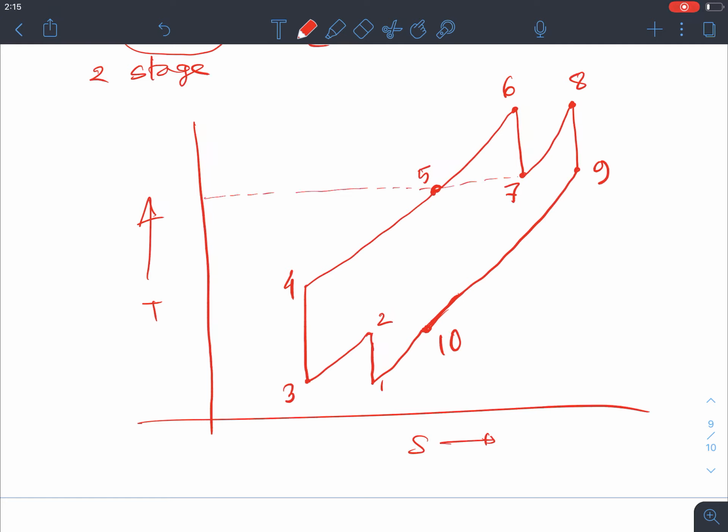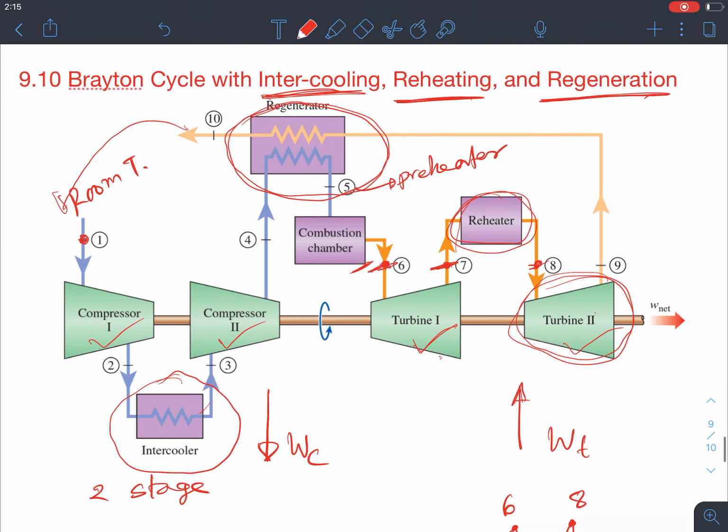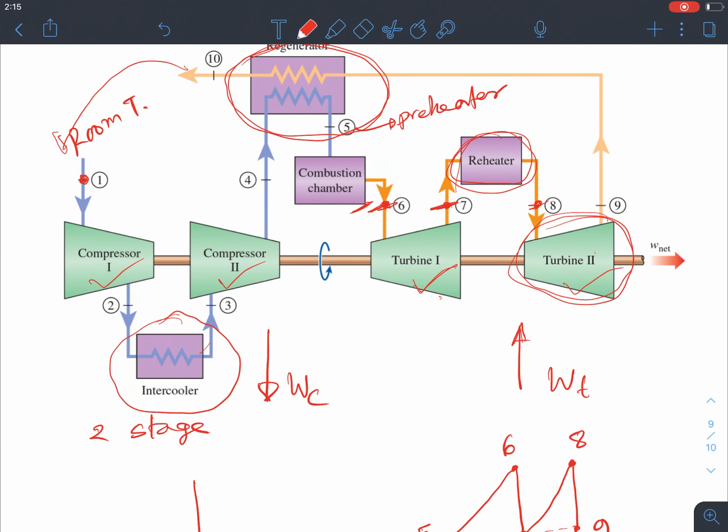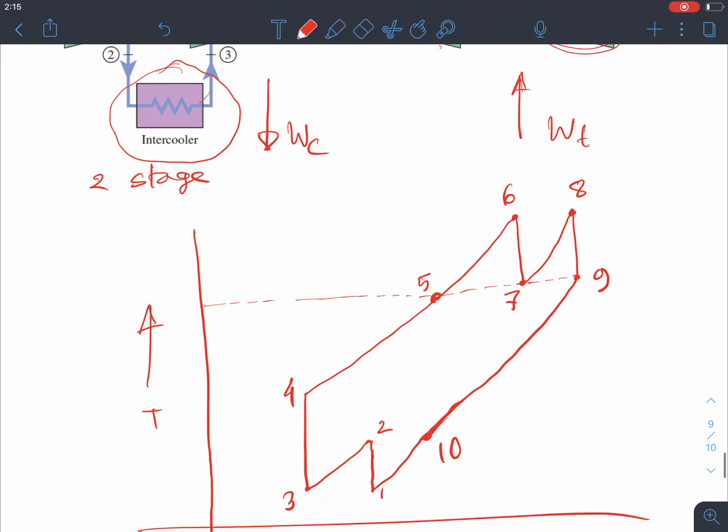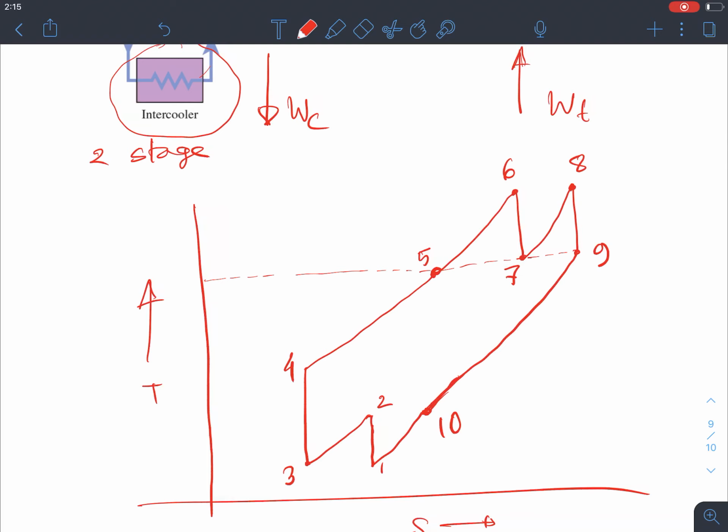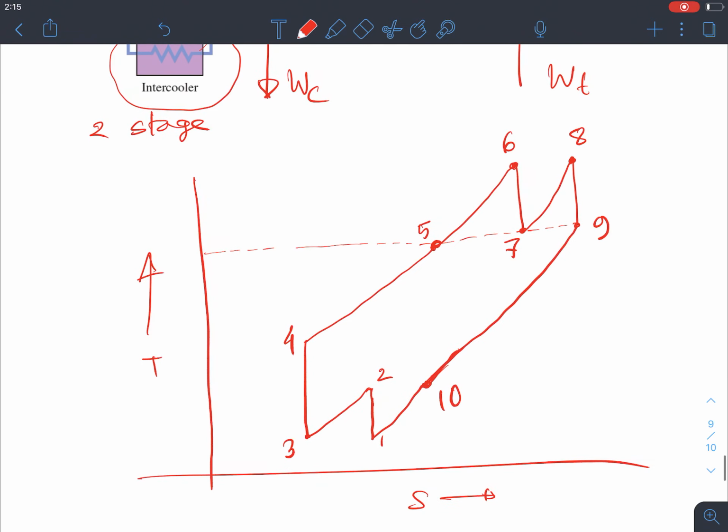Some of the interesting things here would be that we can see that the temperatures at 5, 7 and 9 are the same. Why? The temperature outlet of turbine 1 and turbine 2 is the same, and the temperature at 5 is the same as 7 and 9, because it's preheating the air just by taking that heat, right?